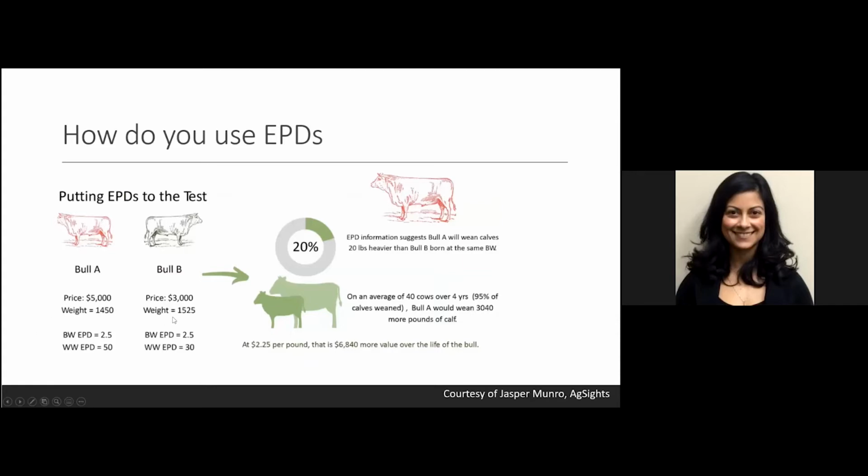So even though Bull B weighed more on sale day, his genetic potential for growth was different from Bull A. And that's basically what the EPD is telling you, is what's the genetic potential of an animal? Not what does an animal weigh himself, because that's a product of the genetics and the environment, so management, but what's the genetic potential that he is going to pass on to his calves?